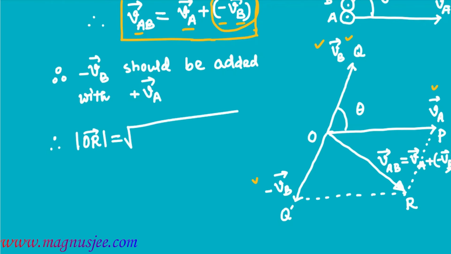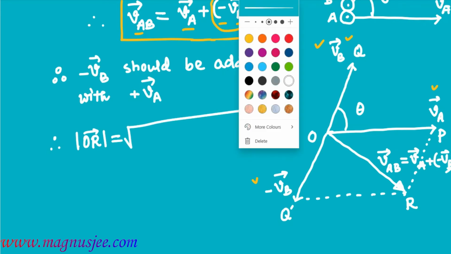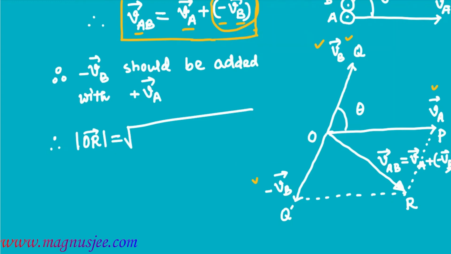Mod vector OR is the diagonal of the parallelogram OPQ prime.